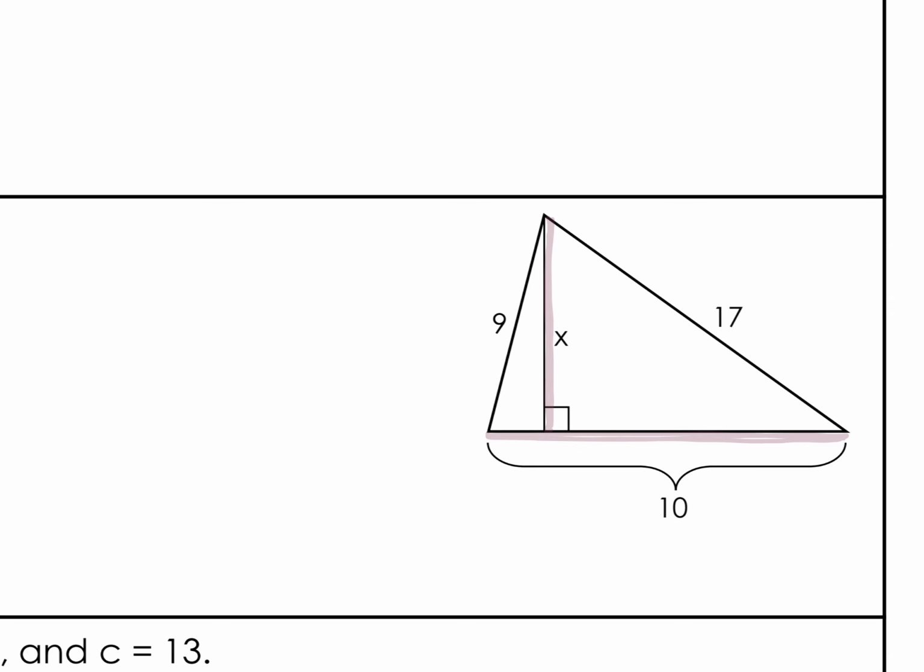So I could say, my area is equal to 1/2 of 10 times x, my base times my height. But then I have 2 unknowns. I have the area I don't know, and I have the height. So I'm going to notice here that all of my sides are given, and so I can actually start by finding the area using that Heron's formula that we just learned about. And then once I know that, I can solve for my x, my height.